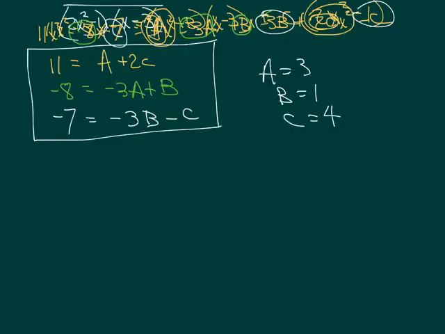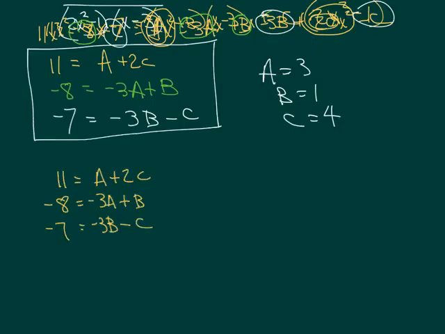Now as I'm looking at this, I'm thinking maybe you don't remember how to do systems of equations with 3 variables and 3 equations. So let's go ahead and see how we got 3, 1, and 4 here by actually doing this. Okay, so we have 11 equals a plus 2c, negative 8 equals negative 3a plus b, negative 7 equals negative 3b minus c.